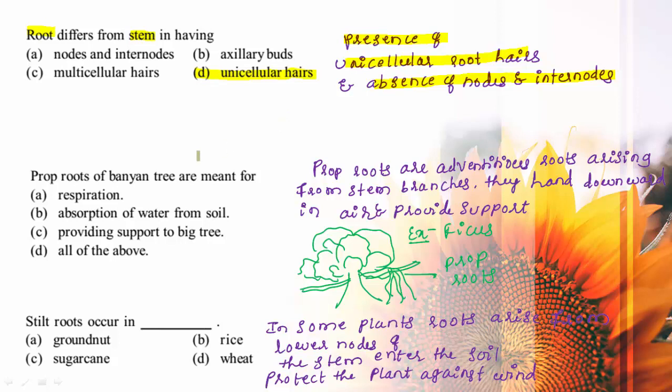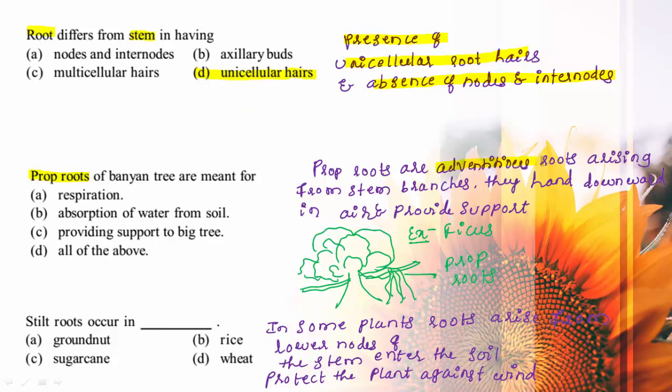Then coming to this question: prop roots of banyan tree are meant for respiration, absorption of water from the soil, providing support to a big tree, all of the above. The question is, what are prop roots? Whether these roots are arising from the radicle or some other parts of the plant body. Prop roots and stilt roots are adventitious roots because they are not arising from the radicle.